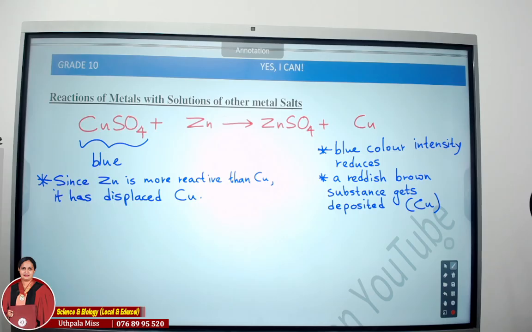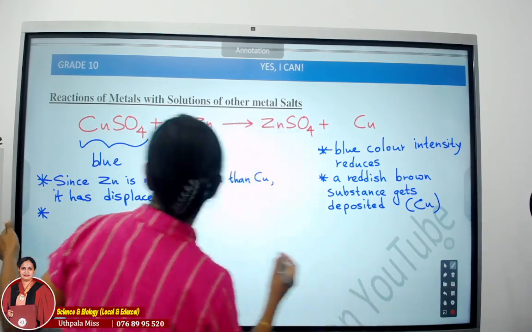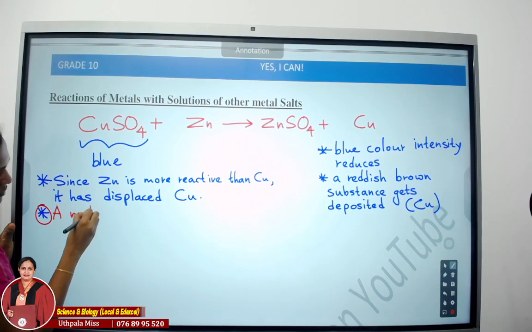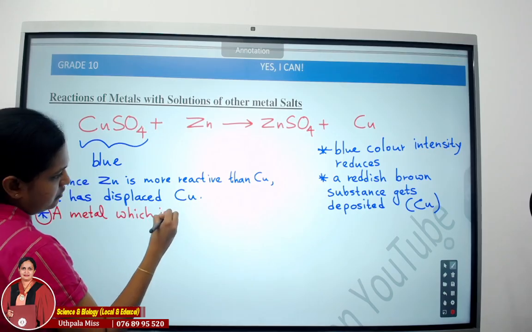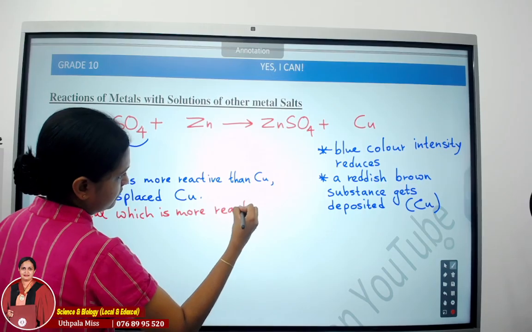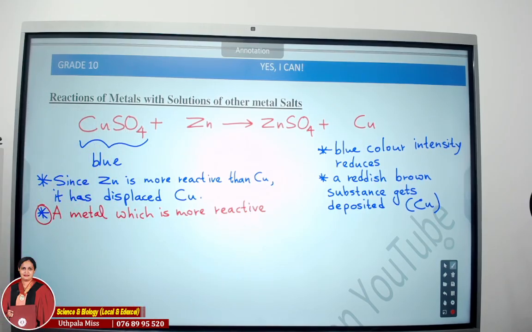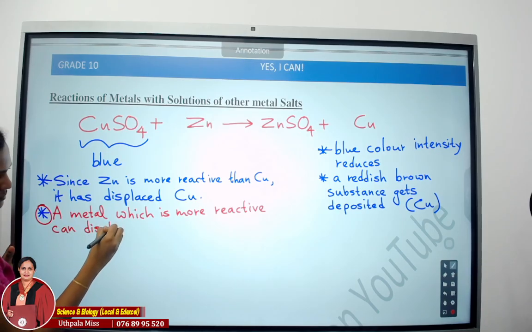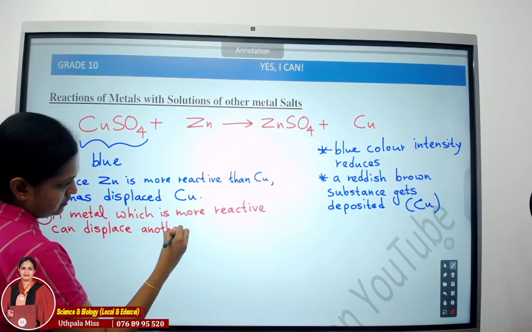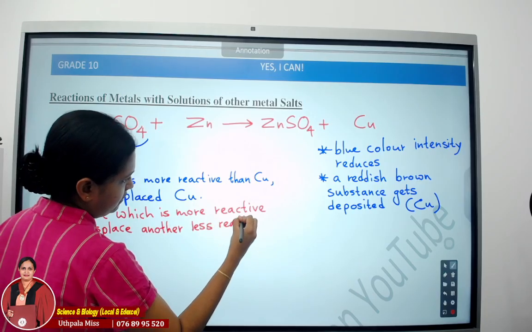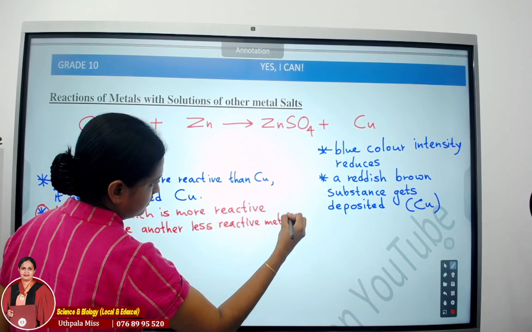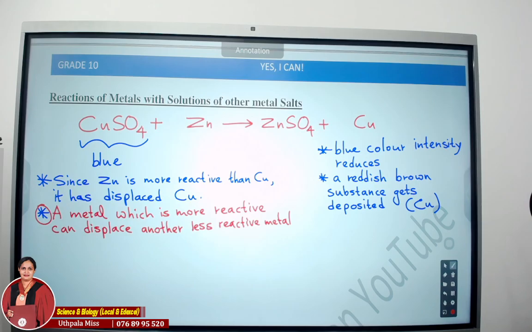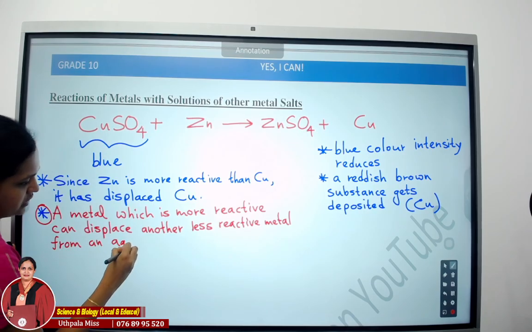So we can say a metal which is more reactive can displace another less reactive metal from an aqueous solution of it.